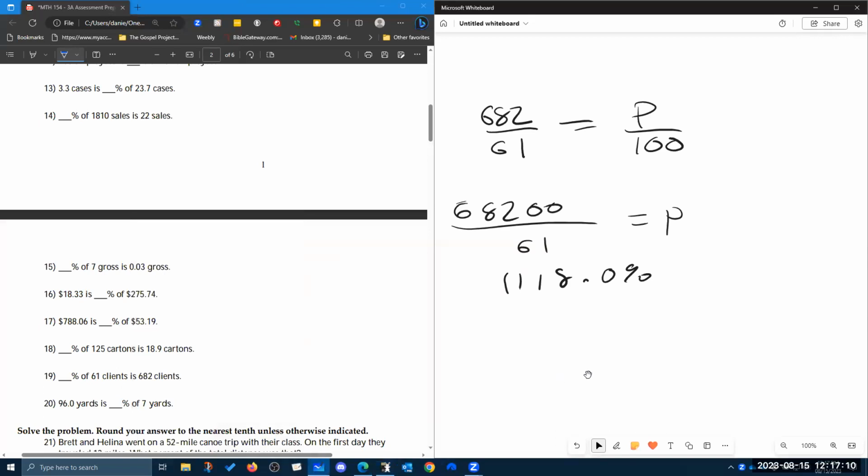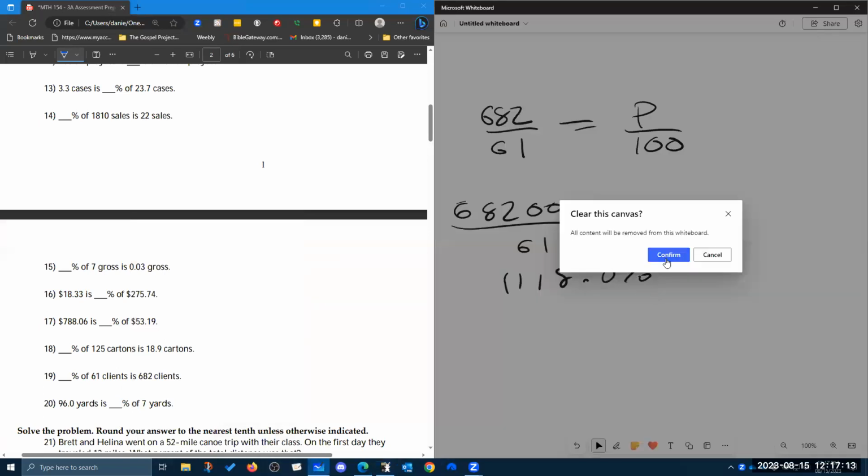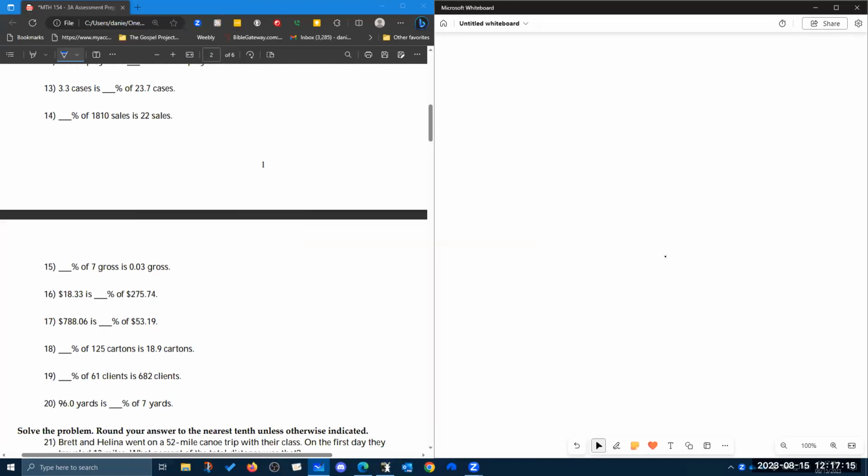And last problem in this section, 96 yards is P percent of 7 yards.